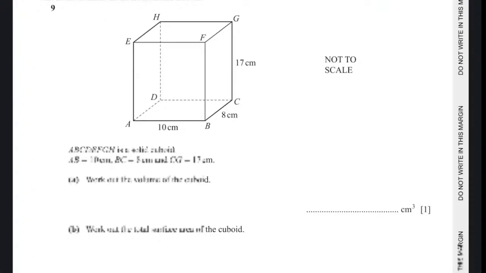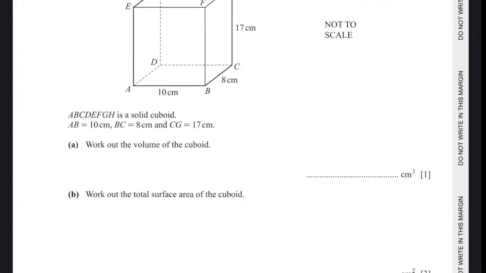Work out the volume of the cuboid. Volume is length times width times height, which is 10 times 8 times 17.